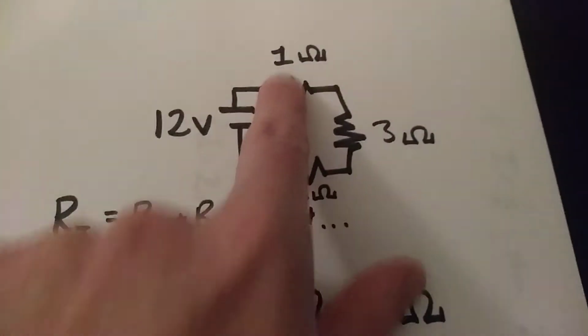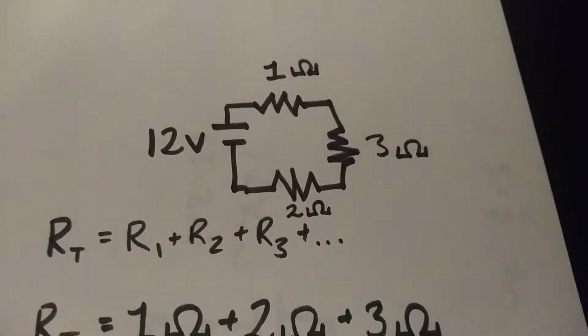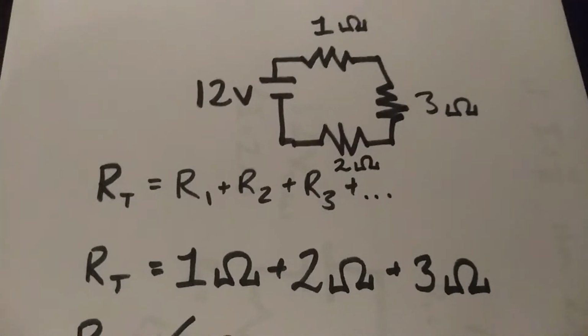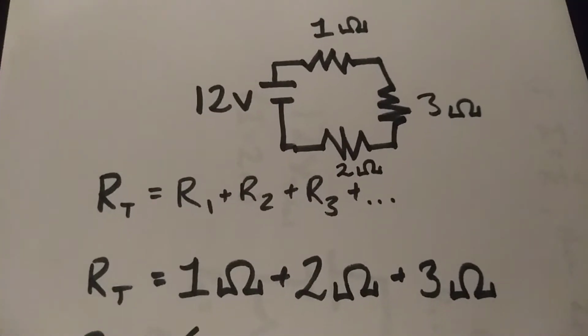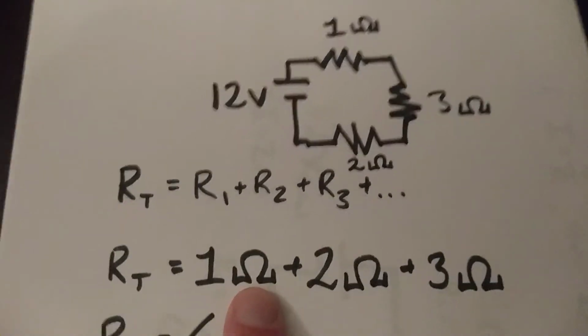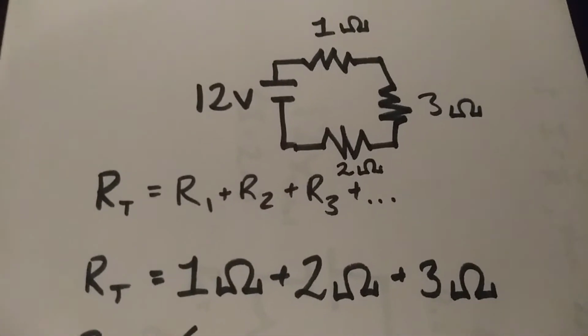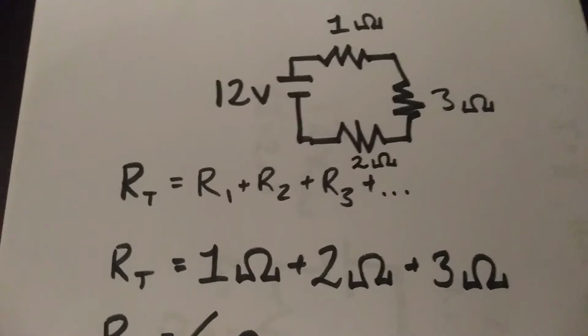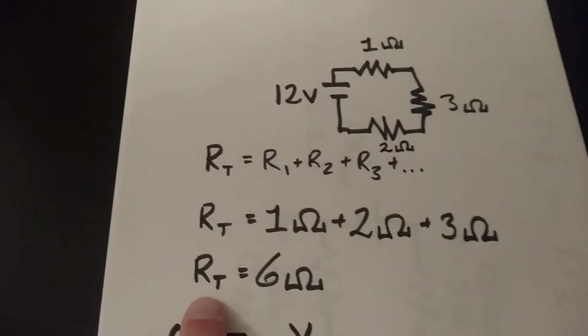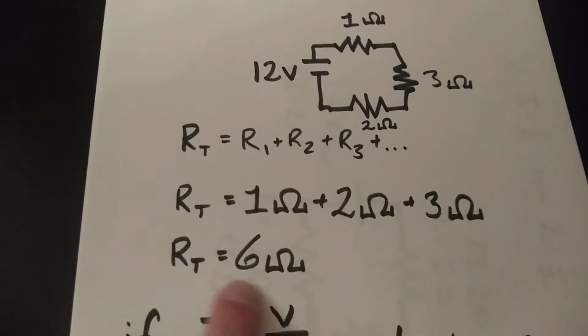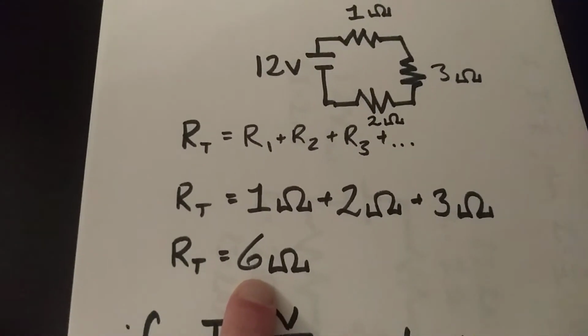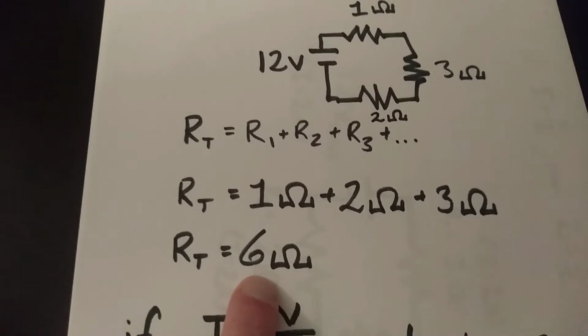I probably should have put them in order, but I didn't. You should when you do it. Just keep everything straight. Honestly, you don't even need the ohm symbols here. You could have just done RT equals 1 plus 2 plus 3, or 1 plus 3 plus 2. And you get that the total resistance for this circuit is 6 ohms. That's its total resistance.